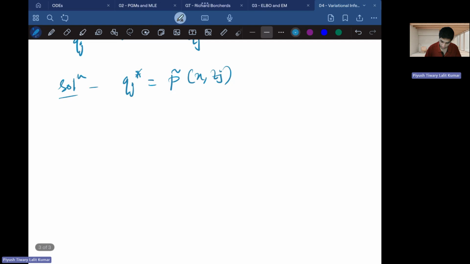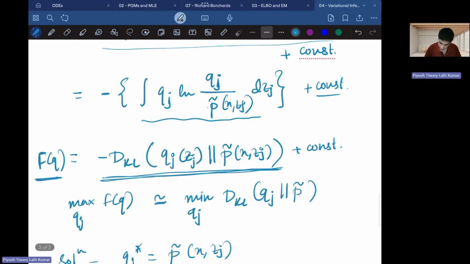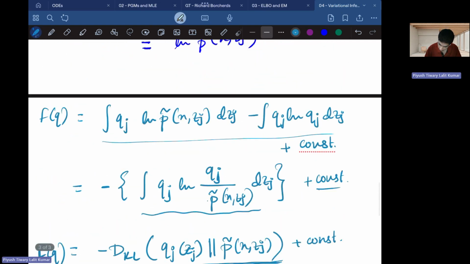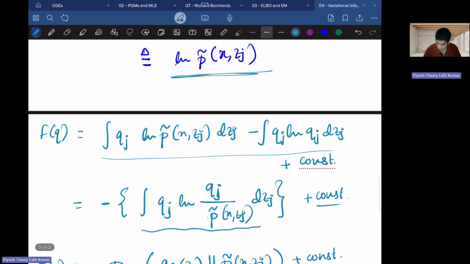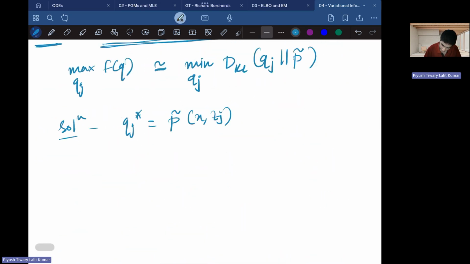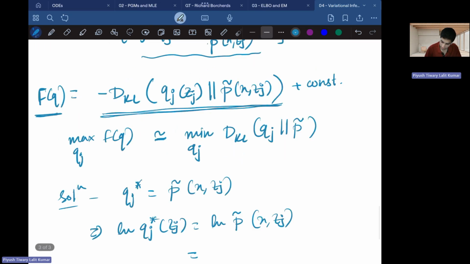And so how was this p tilde defined? Remember that we didn't define p tilde, we defined log of p tilde. So we will have to take log on both sides, right? So this implies ln of q_j star of z_j is equal to ln of p tilde of x comma z_j. And what was this log?